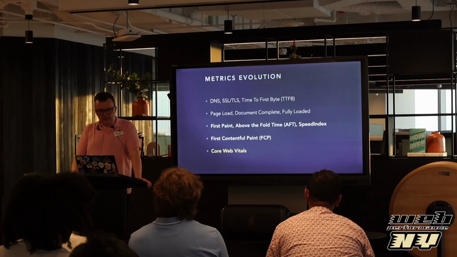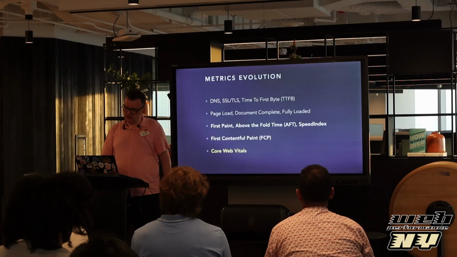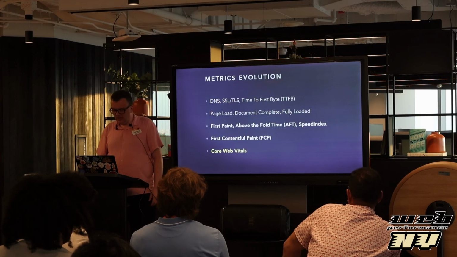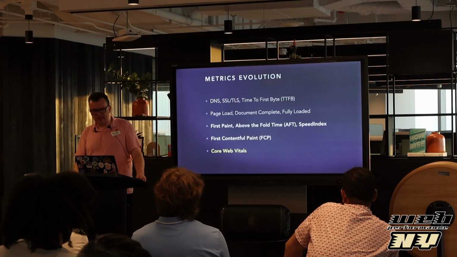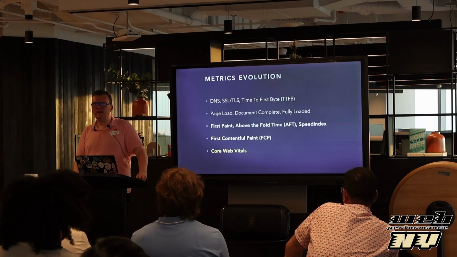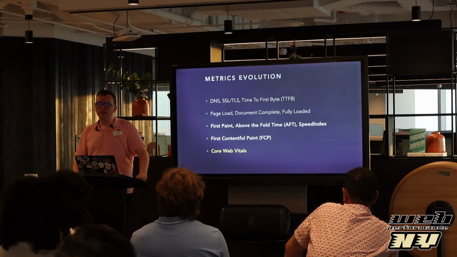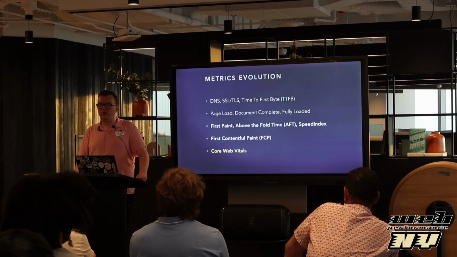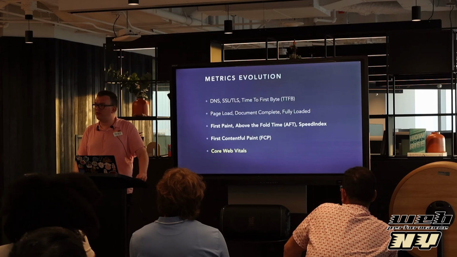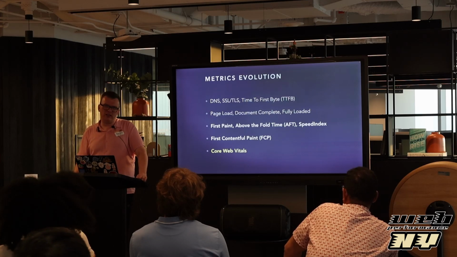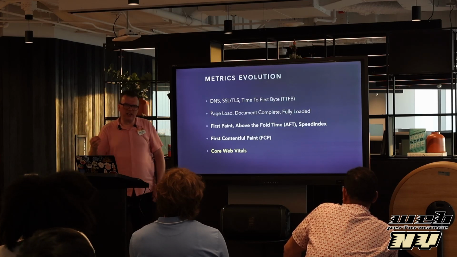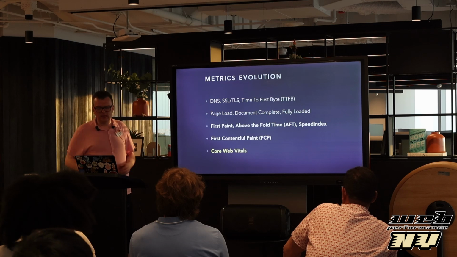You will notice that I have two separate lines for these metrics, starting with first paint, and this other metric called first contentful paint. What the hell is the contentful? Nobody understands this word ever. I think it was created so people have a feeling that it's meaningful, but it's actually not a common word.